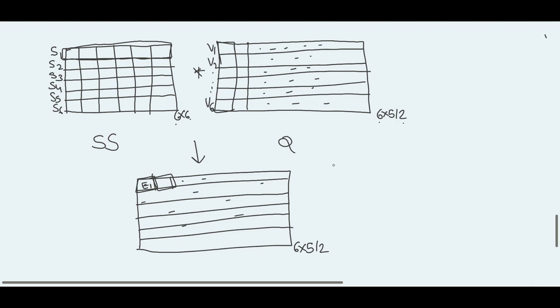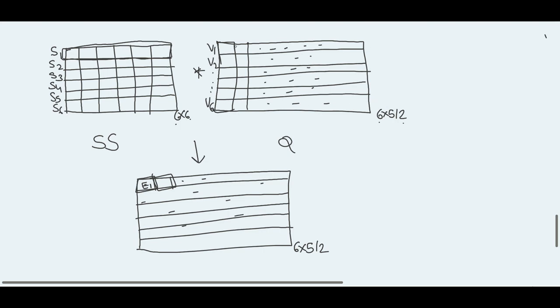So you can view this multiplication as follows. As I've told you, this first row is obtained by the multiplication of the first row of this similarity scores matrix with this input matrix.